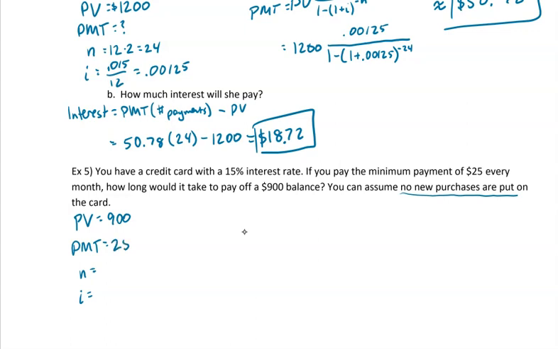PMT is your payment, so that's 25. n, this is going to be monthly, so it is going to be 12 times something, right? Because we don't know the number of years. So I'm just going to put a question mark for this whole thing, and that's what we're going to solve for. Then I is 15%, so 0.15, over, again, it's monthly, so 12.